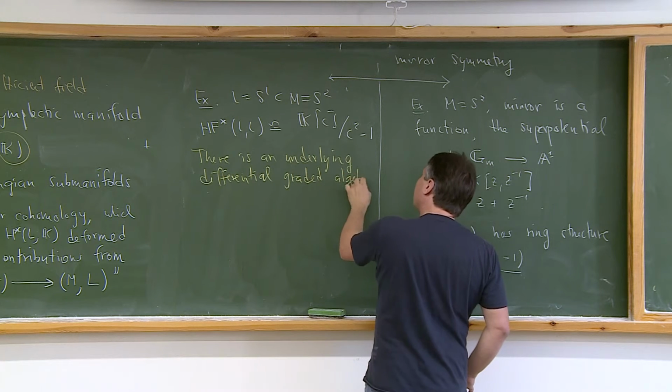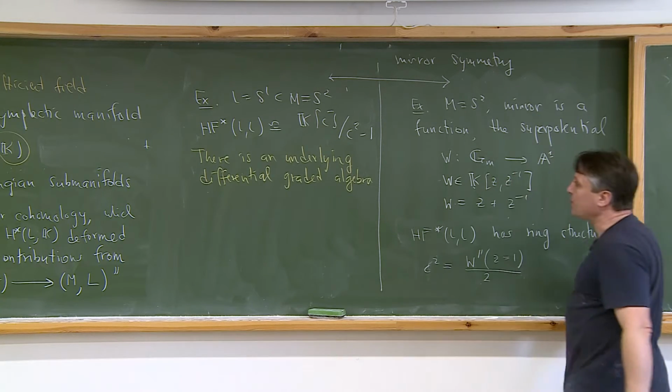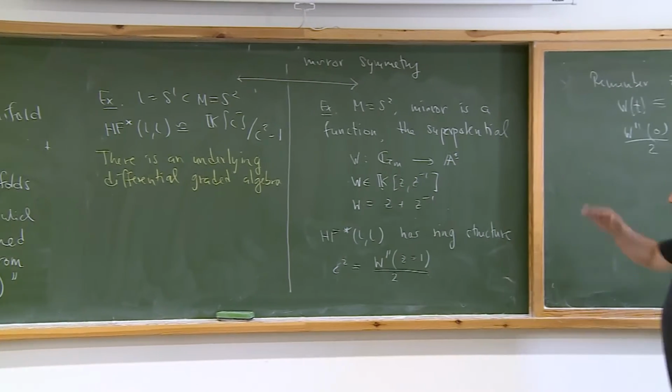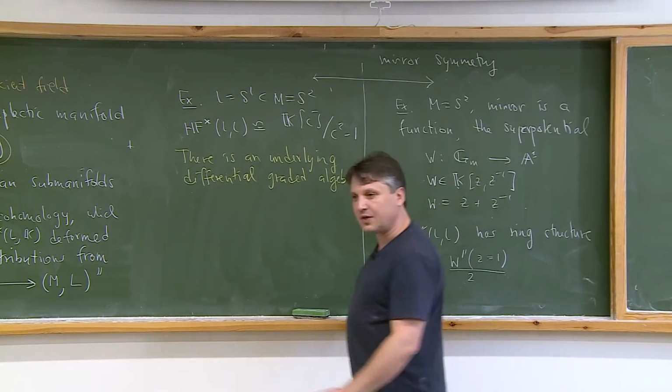In fact there is an underlying chain level structure of the co-chains, which of course I haven't explained to you. And because it is a differential graded algebra, sometimes you have secondary products.